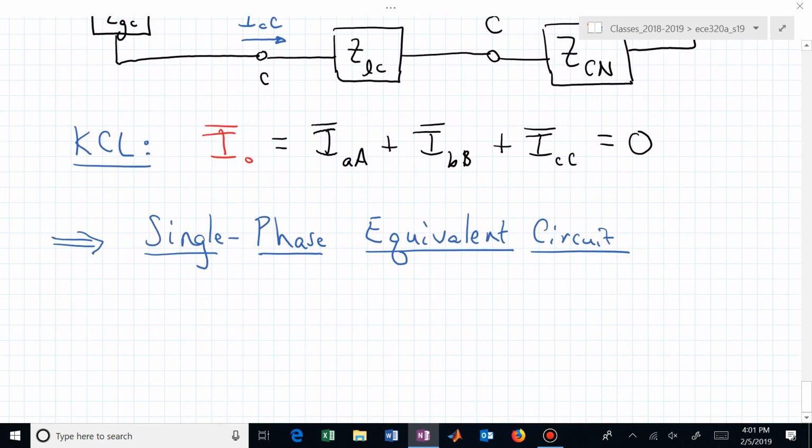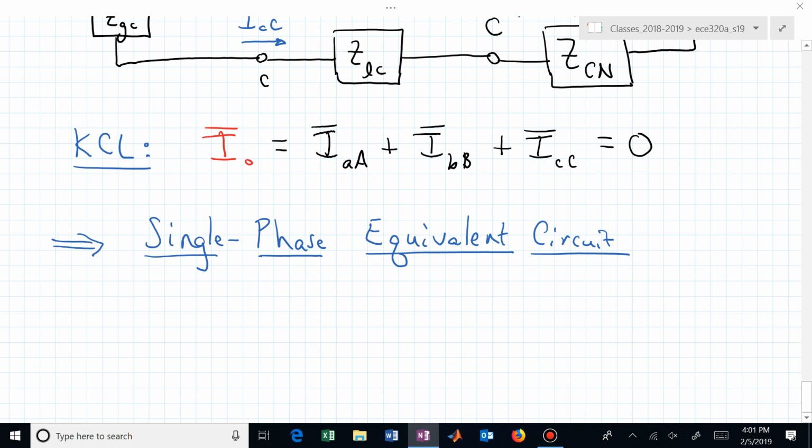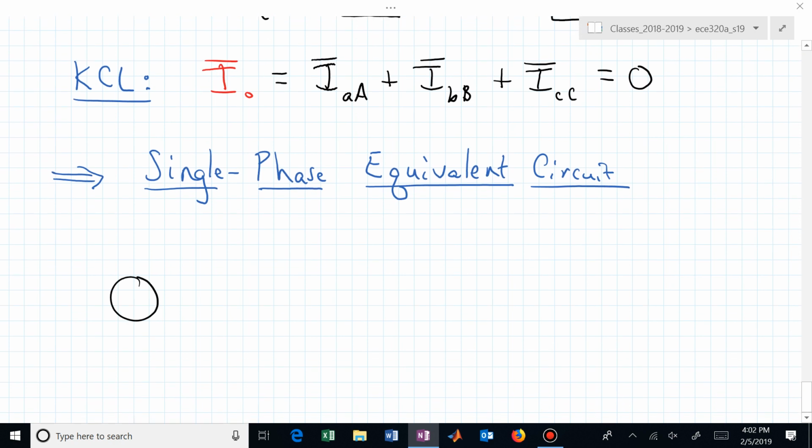Now we can make the following observation. We can extract a single-phase equivalent circuit, and it's going to look as follows. We have our generator voltage, which is a phasor. We have our generator impedance, Z sub G, and I'm just doing this for the A phase, but in general it could just be Z sub G. And here would be our terminal that the outside world would see or connect to.